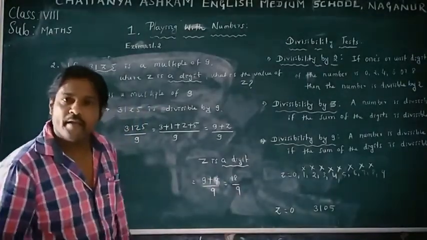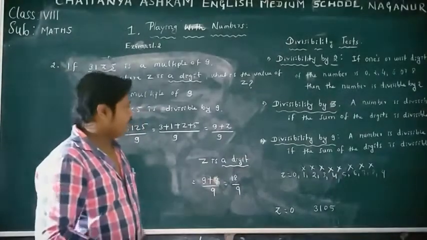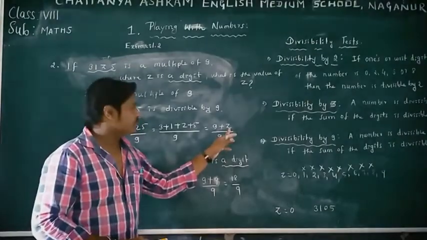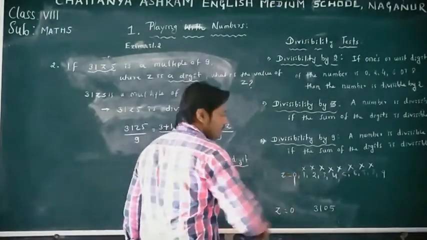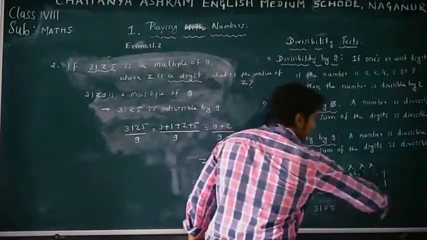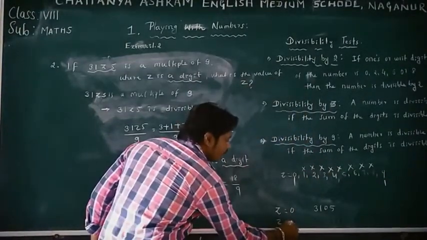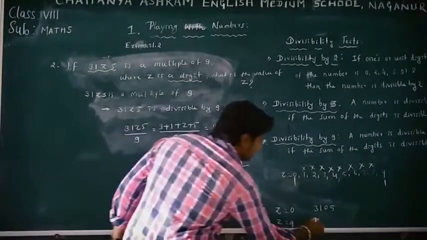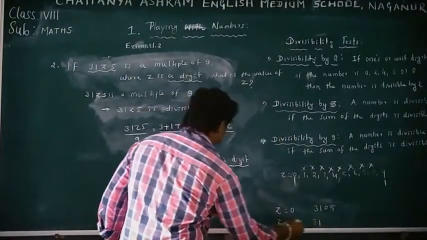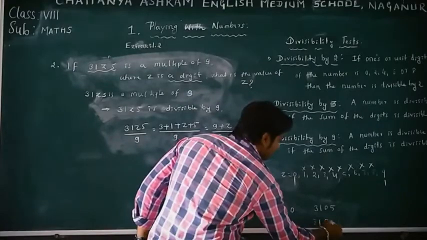9 twos are 18. So for what values of Z is this sum divisible by 9? One is 0 and one is 9. That is Z equal to 9. This number becomes 3195.